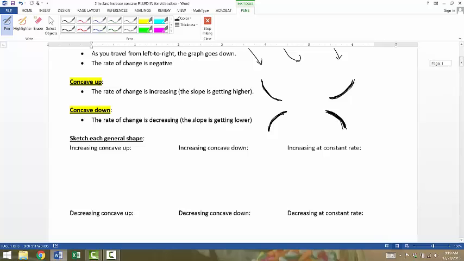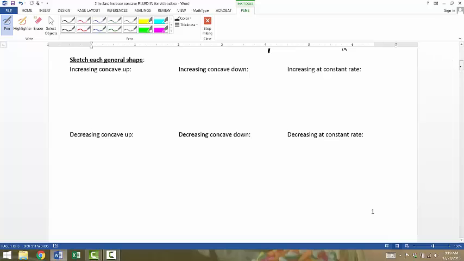In general, you should certainly be able to sketch a graph of a function if you are told it's increasing, decreasing, and its concavity. You should also be able to look at a graph and describe if it's increasing, decreasing, and describe its concavity. So you should be able to fill in these following 6 things at any time.